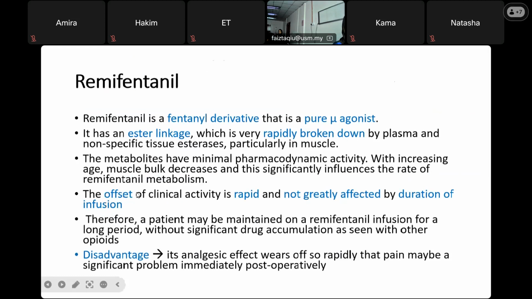The offset is rapid and not really affected by the duration of infusion. Therefore, a patient may maintain a remifentanil infusion for a long period without significant drug accumulation. The disadvantage of remifentanil is that the analgesic effect wears off so rapidly that the patient may have significant pain after remifentanil is switched off.